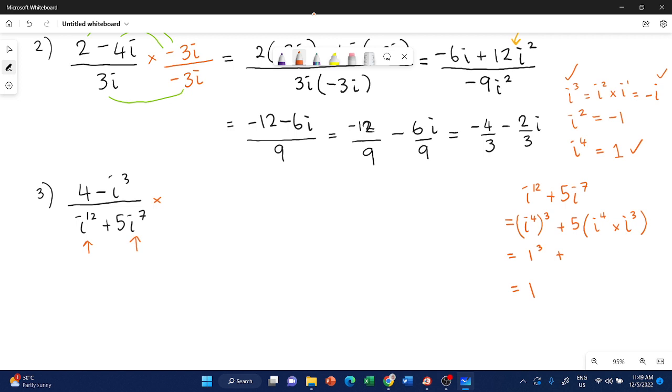So i4 is 1, and i3 is negative i, so we have negative i, because 1 times negative i is negative i. So here we have 1 minus 5i. That means i power 12 plus 5i power 7 will be simplified to this.